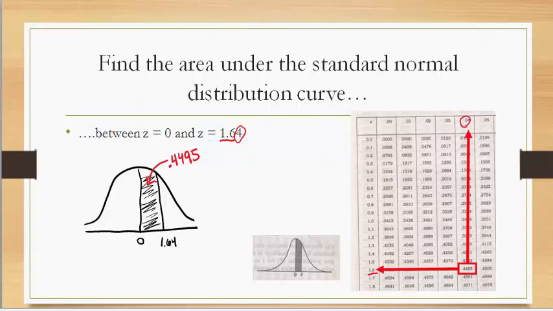If you notice at the bottom of your table, you have a picture that looks like this. So, as long as your picture for the problem looks exactly like this picture at the bottom of the table, then you are good to go. You simply look up your z-score and write down your corresponding area, and you have your answer.